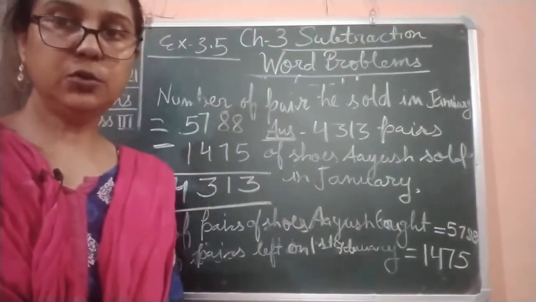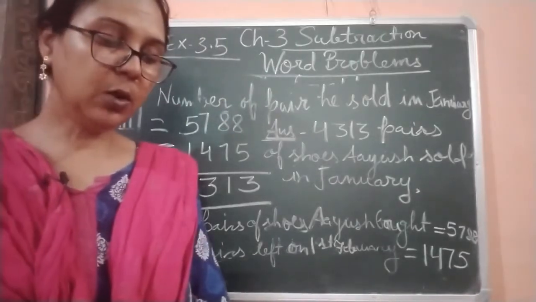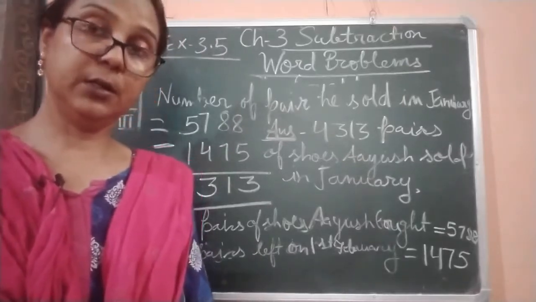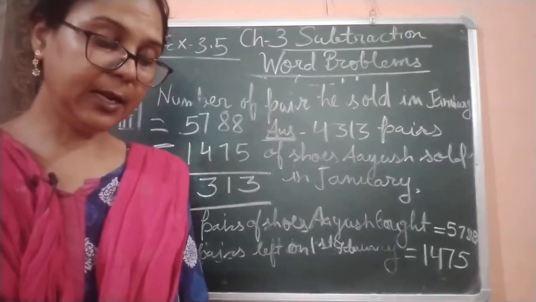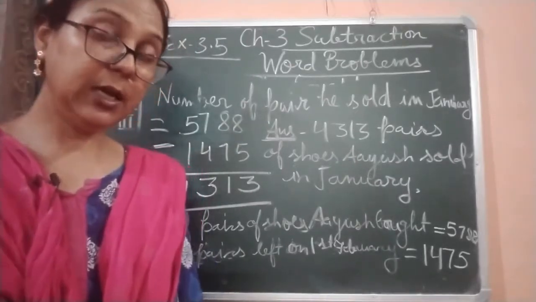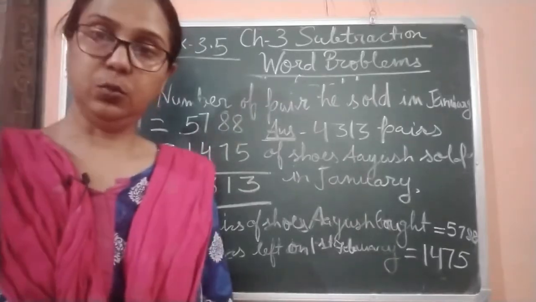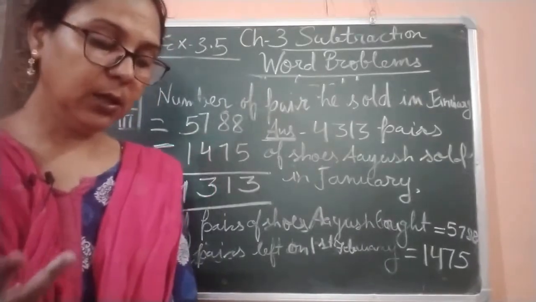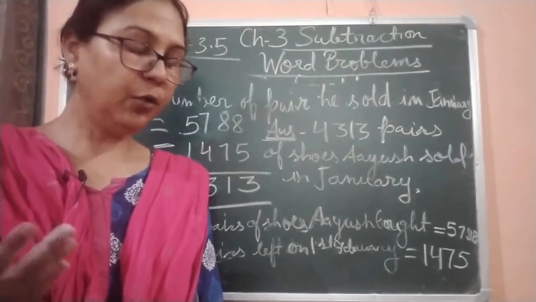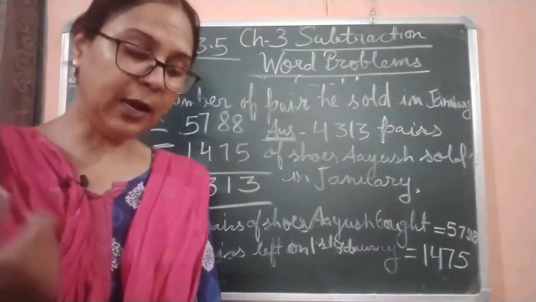So I am going to read 5. You just read with me. Vicky and Ritu collected a total of 451 coins. Ritu alone collected 285 coins. How many coins did Vicky collect? Now children, here you can see there are two persons, Vicky and Ritu, who collected a total of 451 coins.